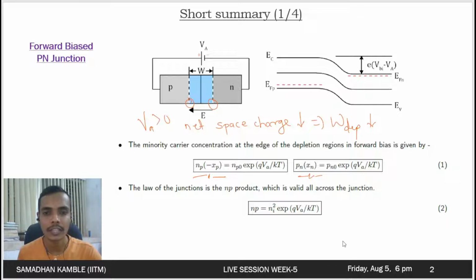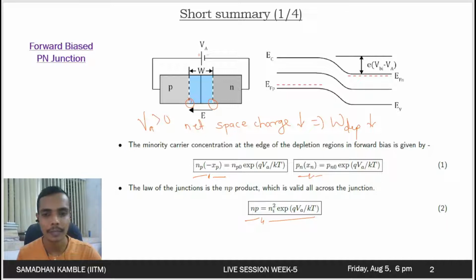Also, the law of the junction is the np product, which is valid across the junction, and it is given by this relation. This can be simply derived using the non-equilibrium carrier densities.